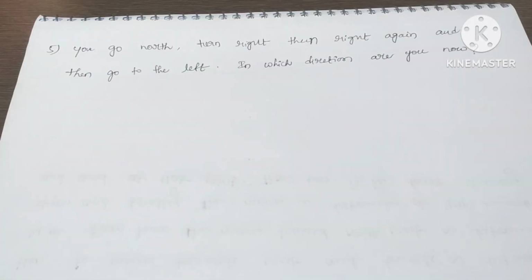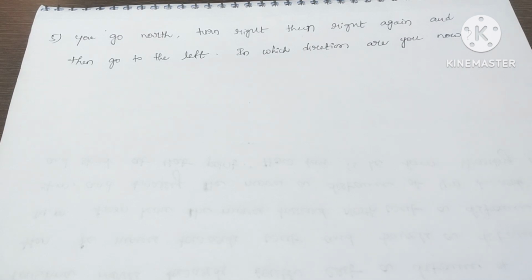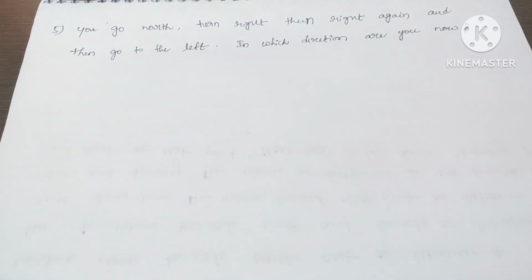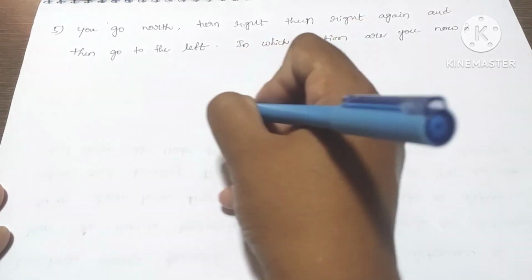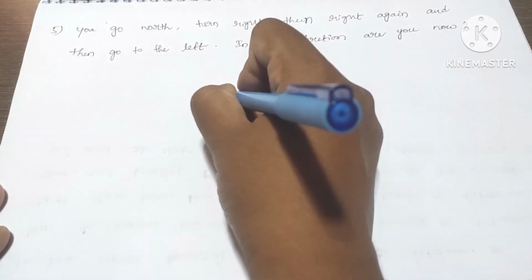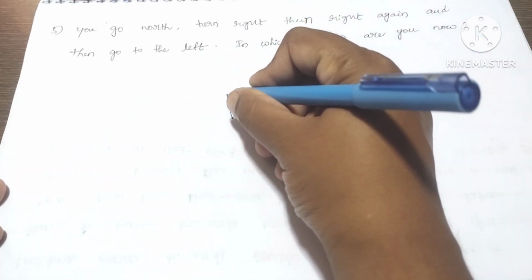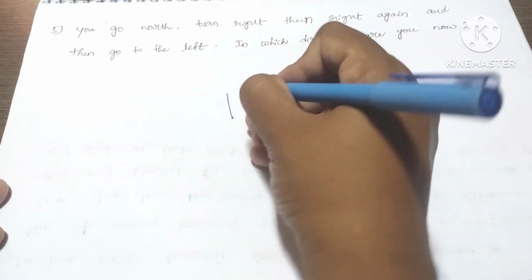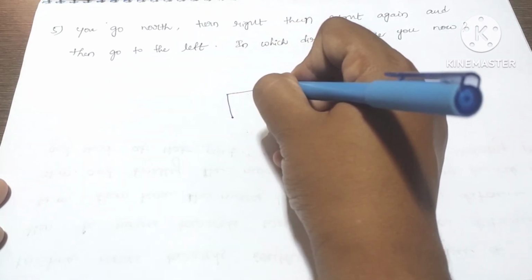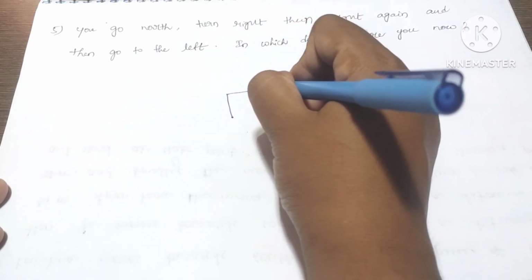Another type of question. In this question they didn't provide any parameters like degrees, kilometers or meters. We can solve this type of question very easily. You go north, north, then turn right, then right again, then turn right again.